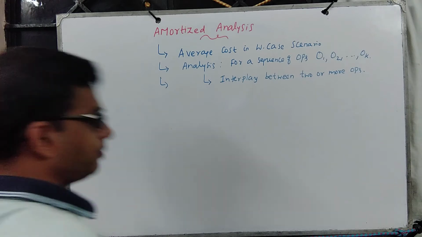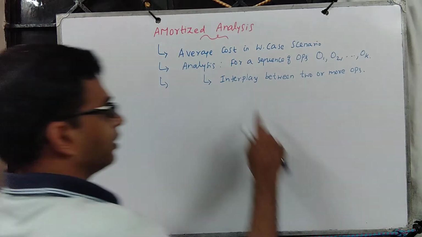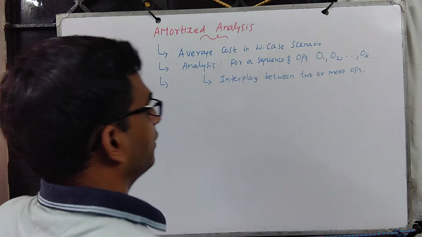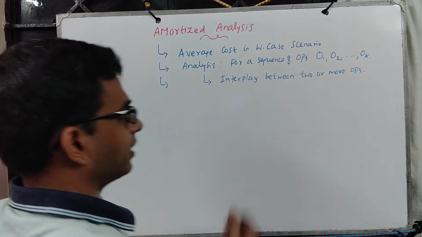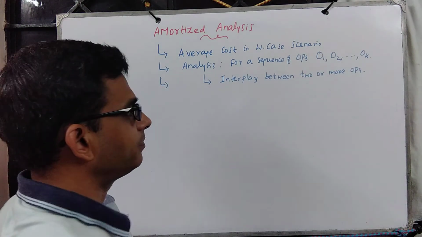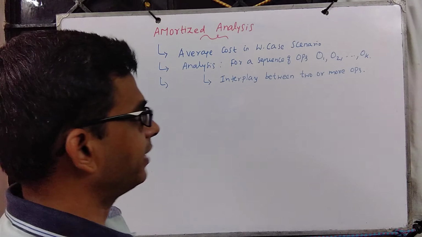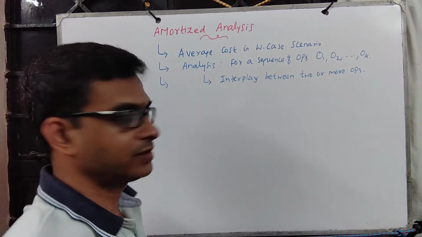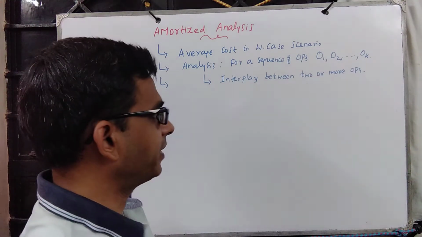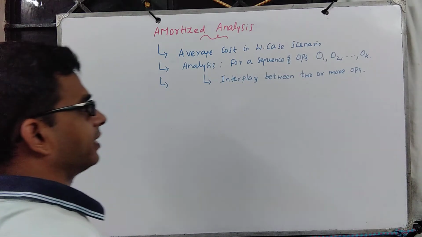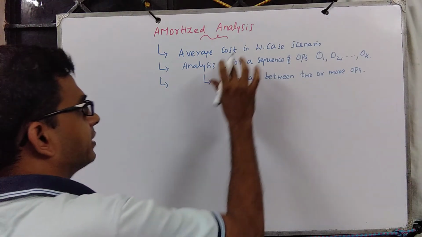So in an attempt to look at this, we get to understand the operation better. So we get to know where exactly the cost is spent, and thereby you can tighten the analysis. It is an average cost.